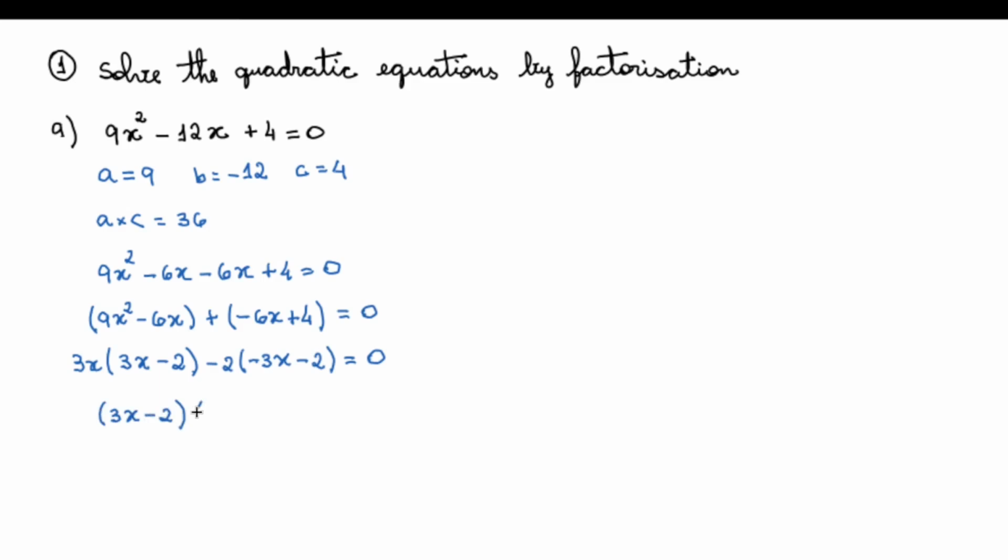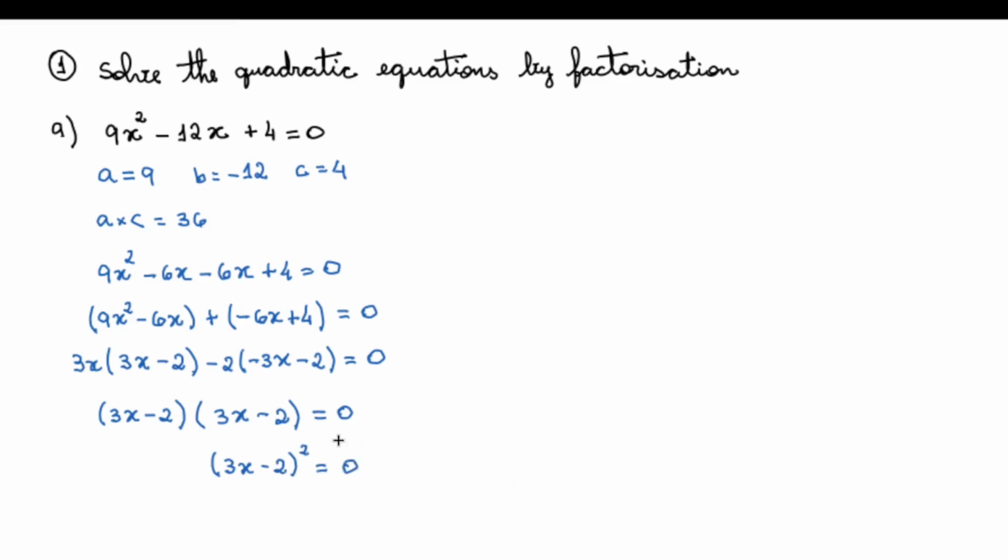And then we divide both terms by 3x minus 2, which will give 3x for the first term, minus 2 for the second term. Since both factors are equal, this simplifies to 3x minus 2 squared equal to 0.